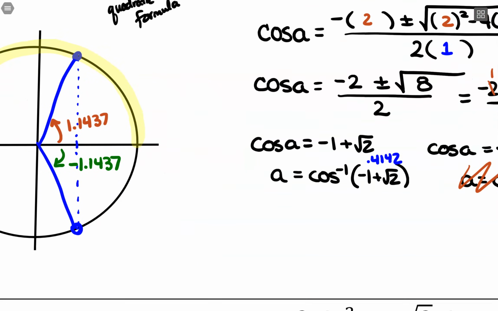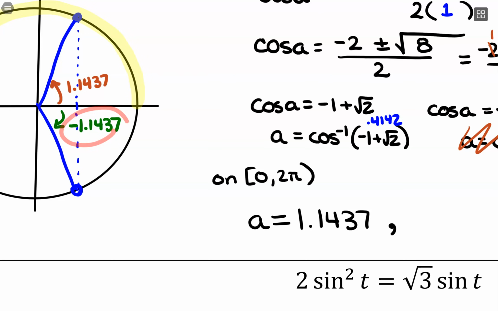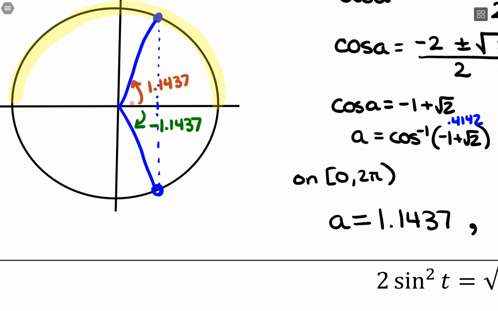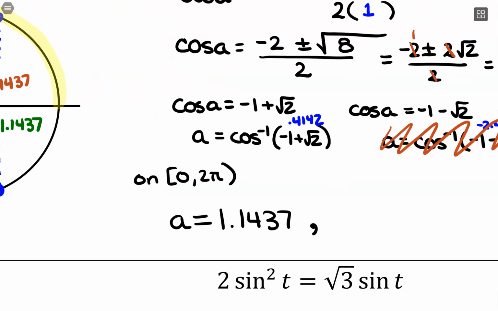So our solutions on 0 to 2 pi, our variable is A. Our angle measurements could be the positive 1.1437. Then I just need the coterminal with that one, so I'm taking 2 pi minus that. It's like go 2 pi, which is all the way around, but then we're going back 1.1437. So 2 pi minus 1.1437 should be 5.1395.